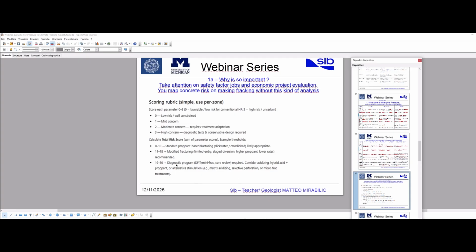So for safety, you can consider all geomechanical parameters, and you have a diagnostic problem. Applying first the scan microimaging, after starting with mini-frac core review, and consider acidizing, hybrid acid or alternative stimulation.